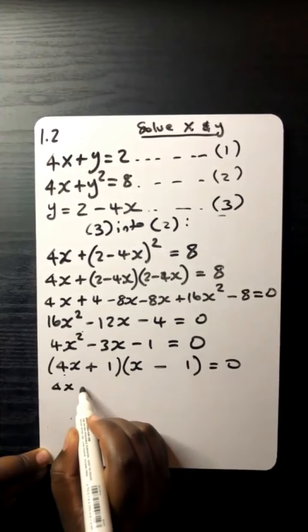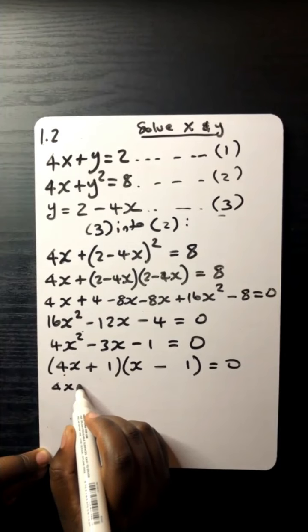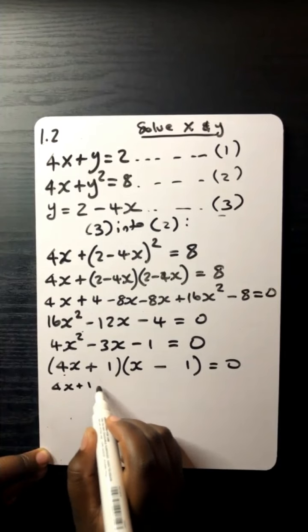We've got 4x plus 1 equals 0, or x minus 1 equals 0. So obviously x equals, move it, it becomes minus 1. You divide by that 4 over there, so that you only remain with the x value. On this side, obviously x equals 1.